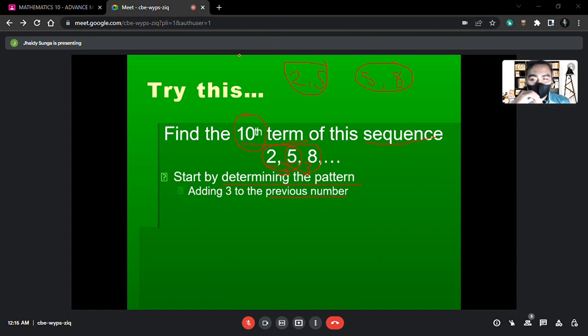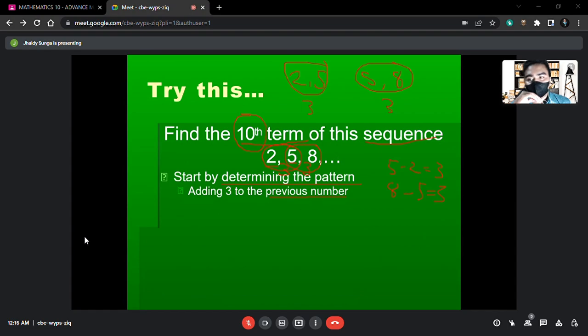They have a common difference. Yes, it was added, but how would you describe these two pairs? Why would you say it was a difference? In the first pair, we have 5 subtracted by 2, so 5 minus 2 is simply 3, and for the second pair, 8 minus 5 is equal to 3 as well.